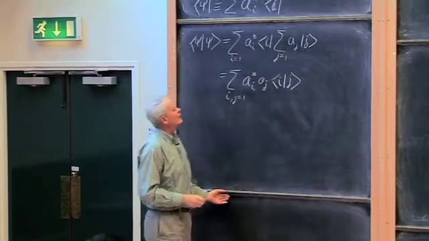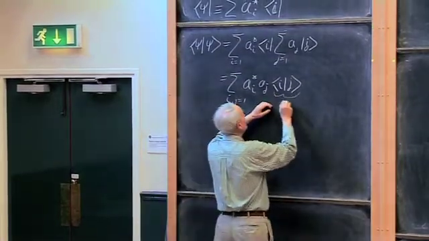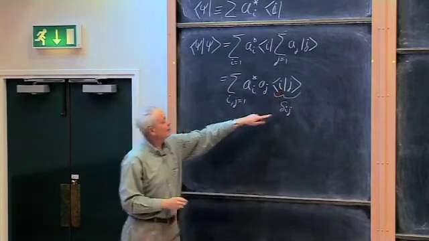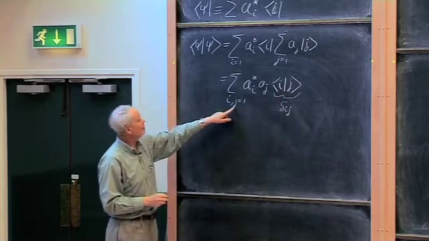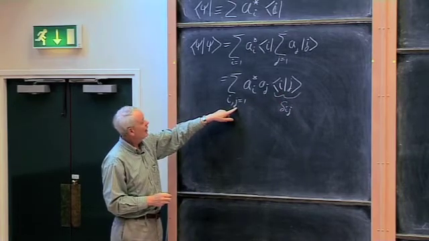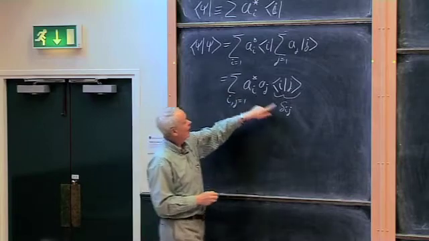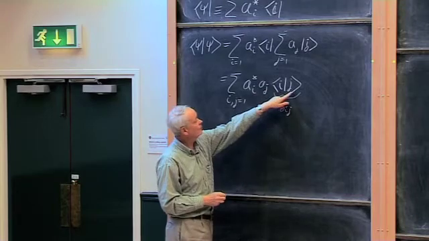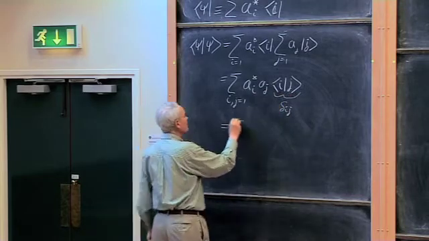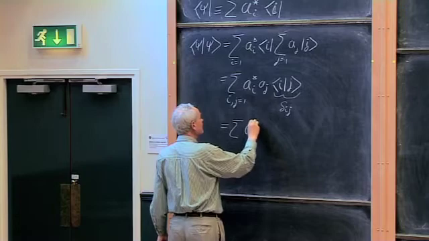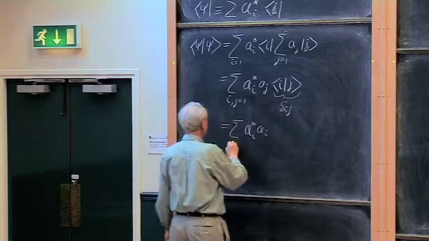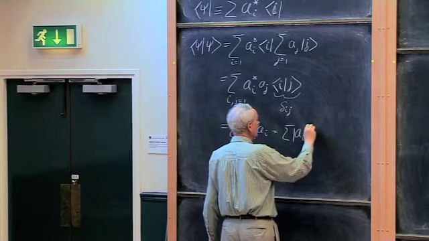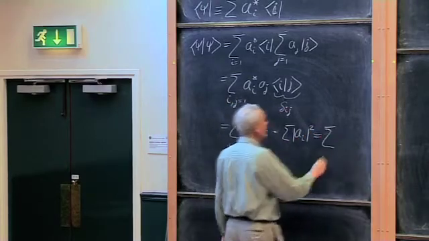And now I use the fact that, by definition of this function, <i|j> is delta ij, so it is nothing unless i equals j. So now let's do the sum over j, for example. As I do the sum over j, I will get nothing except for that particular j which is equal to i, and then this will become 1. So this becomes the sum of a_i star a_i. In other words, it becomes the sum of |a_i| squared.